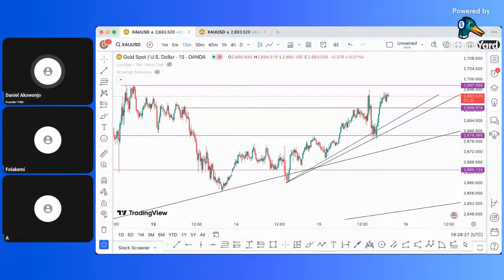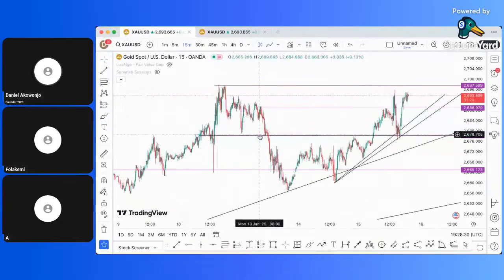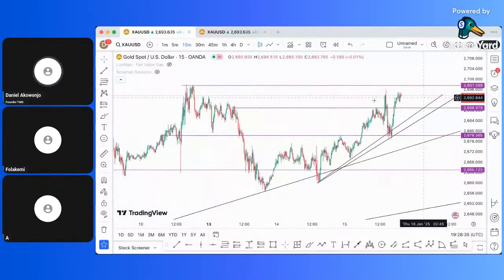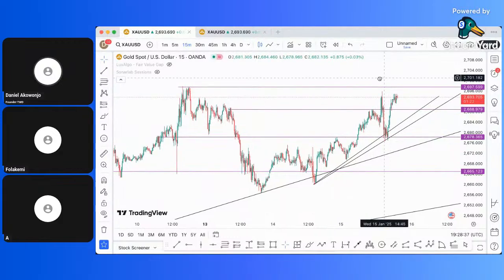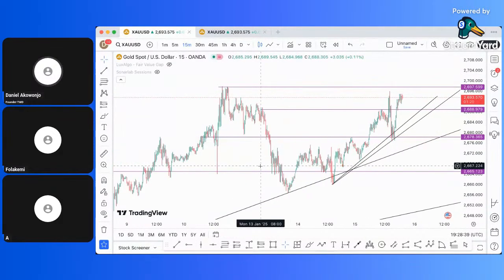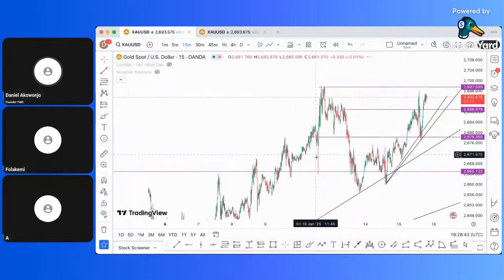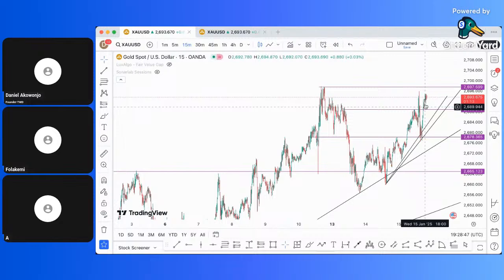Like I said, I've started from the 4 hours time frame. I've connected my major resistance zones, major support zones, all the way from the 4 hours time frame, and then we are also here now determining the moves of this market. Now we can see that after the NFP, which was last week Friday, we had the CPI today, a very interesting move: buy, sell, buy.